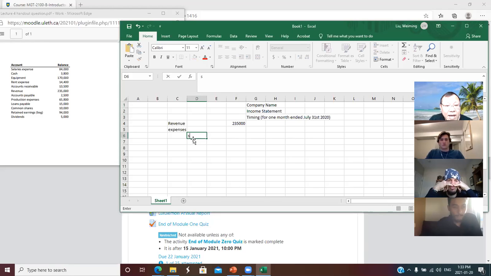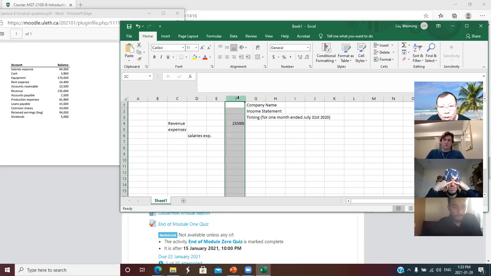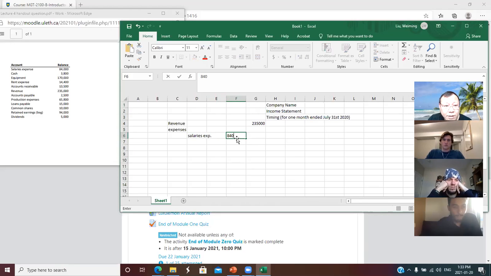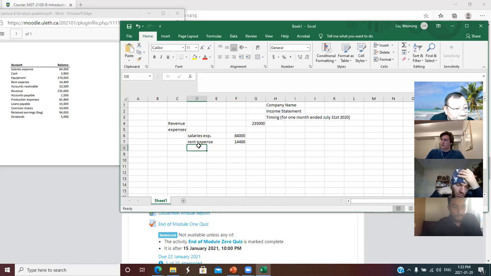You have salaries expense, that will be 84,000. And then rent expense, I'm just following the order from the top to the bottom, 14,400. And then production expenses, 65,800.